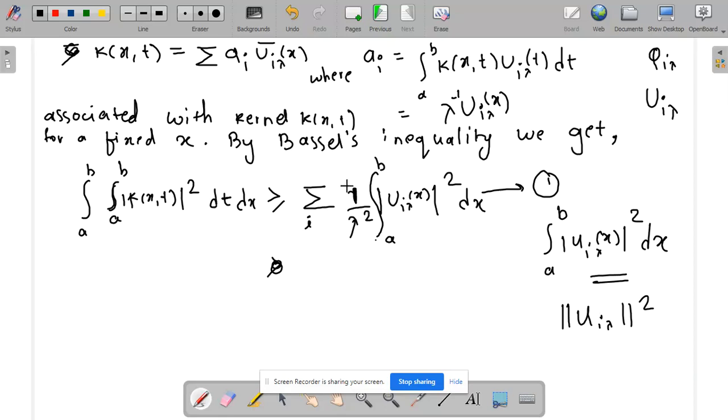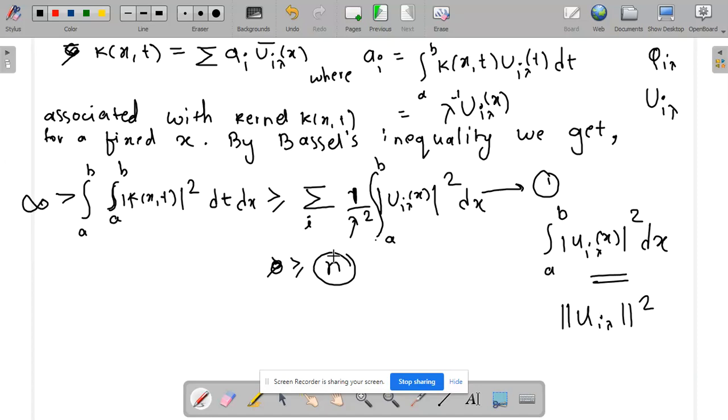And therefore, this will become n into 1 upon λ squared, because that summation will run n times. So n is less than or equal to this quantity, and in the theorem it is already given that this quantity is finite, that means this is less than infinity.